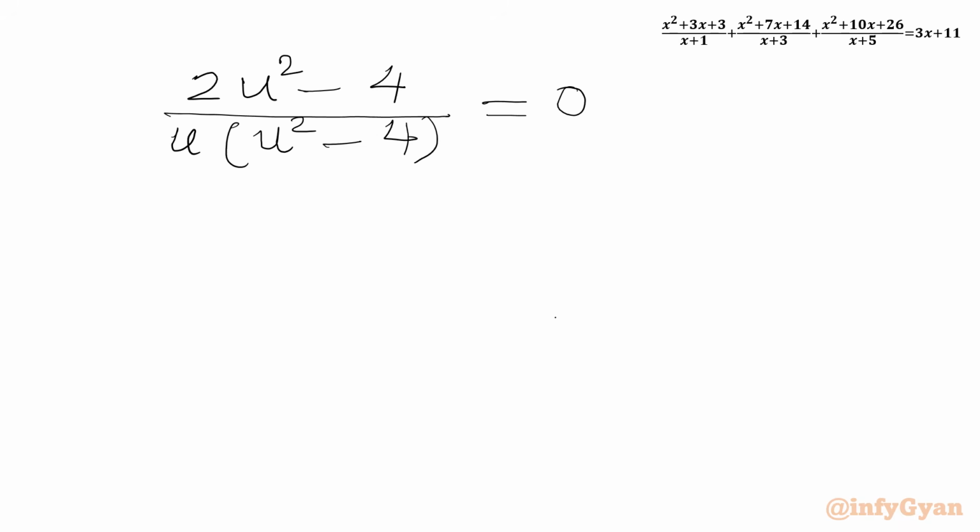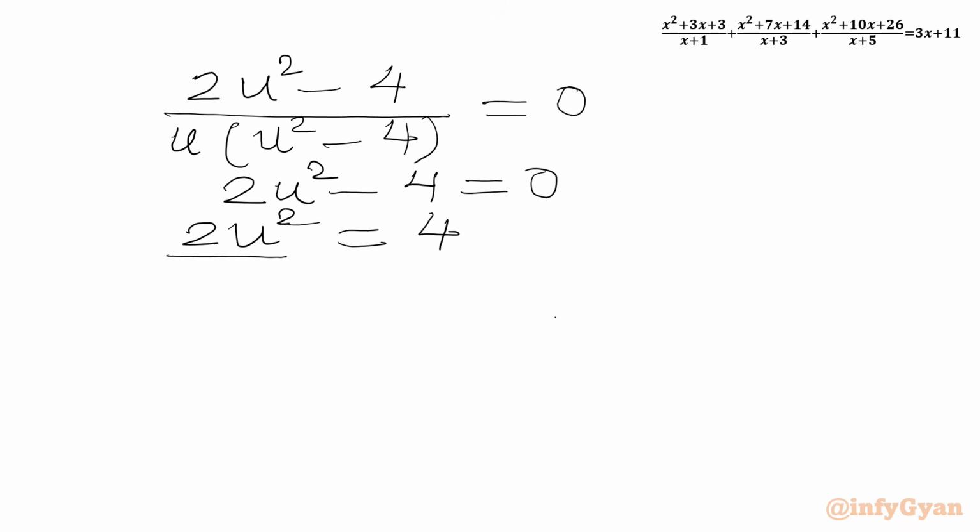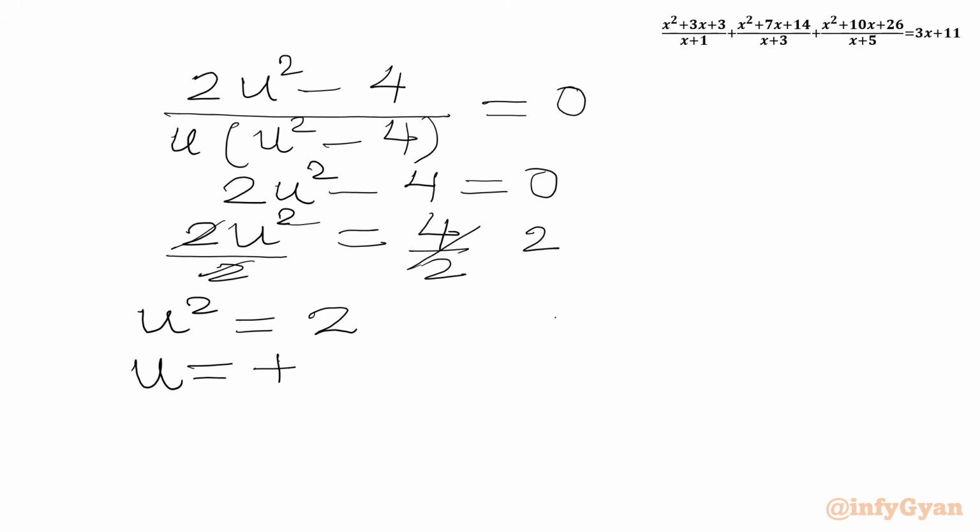From this equation, 2u square minus 4 must be equal to 0. Or we can write 2u square must be equal to 4. Divide both sides by 2: 4 over 2 will be 2, 2 over 2 will be 1. So u square will be equal to 2. After taking the square root on both sides, we will write u equal to plus minus square root of 2.